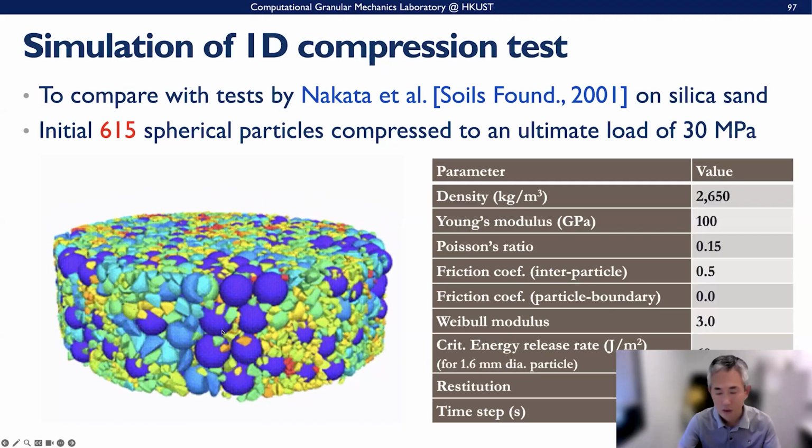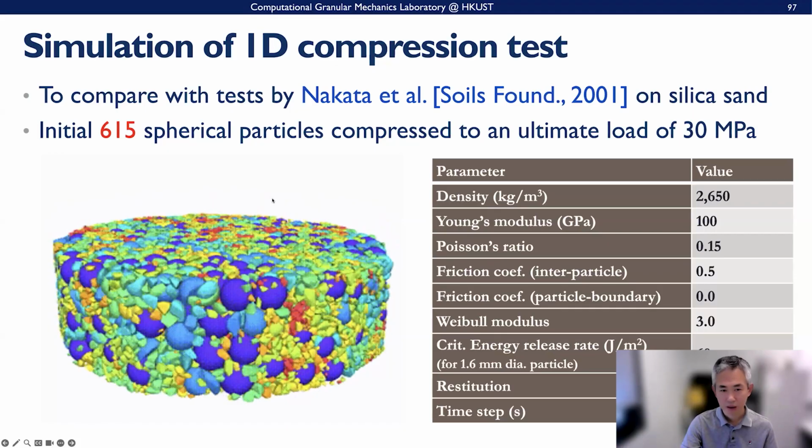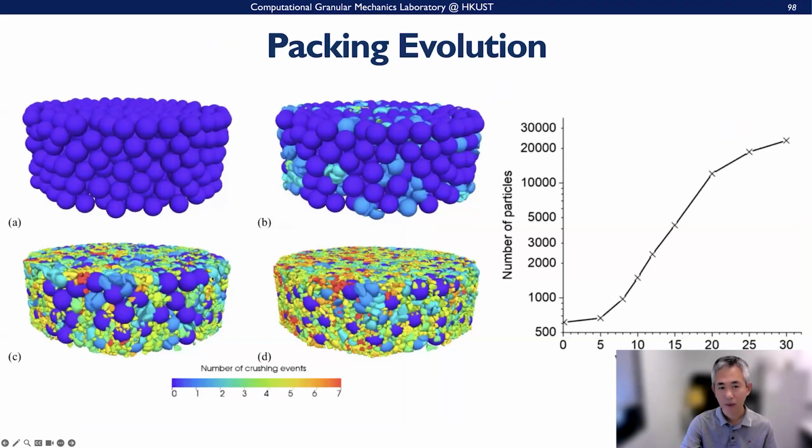So those are the other situations that we handle, and this recaps the crushing process. On the right is the number of particles generated through the process, from initial 600 to around 25,000 at this 30 megapascal level.